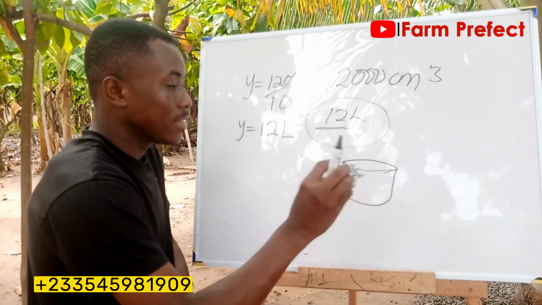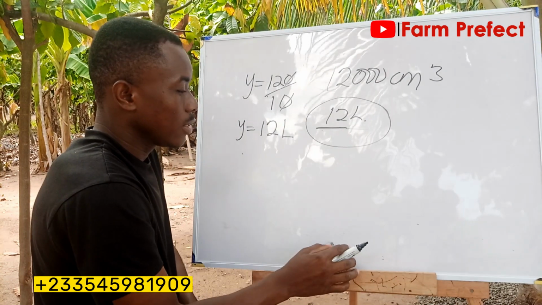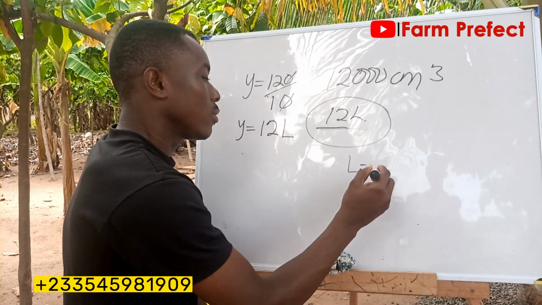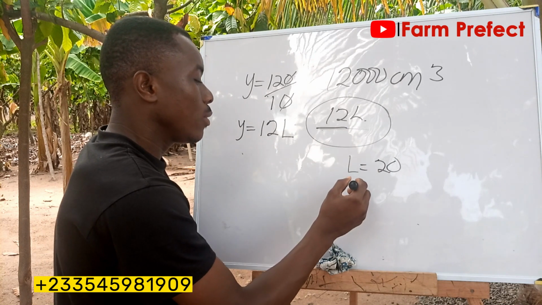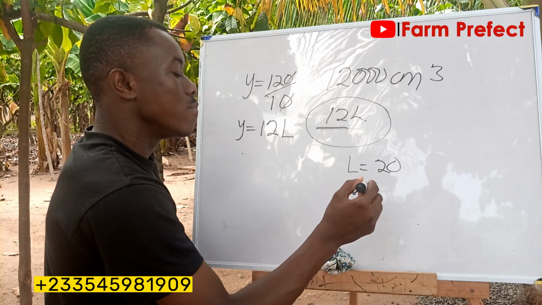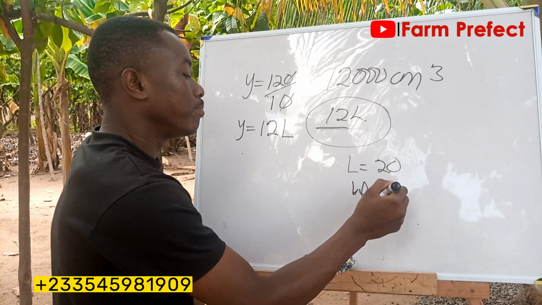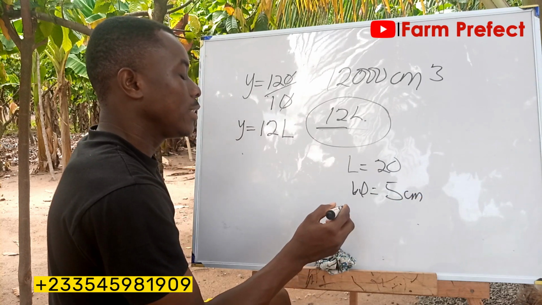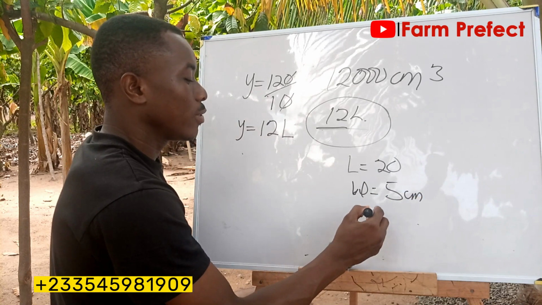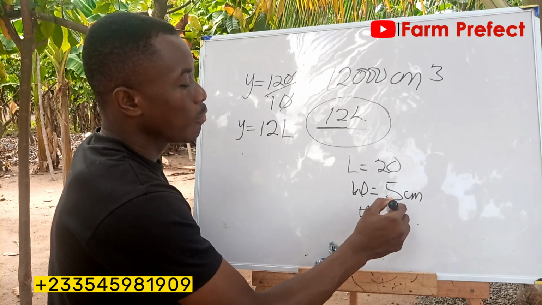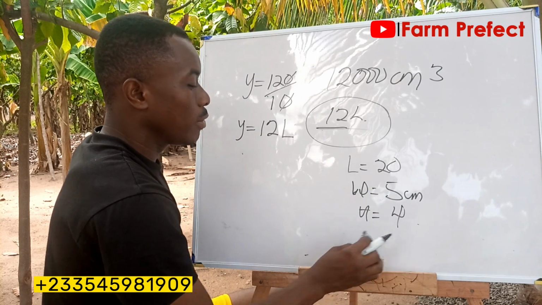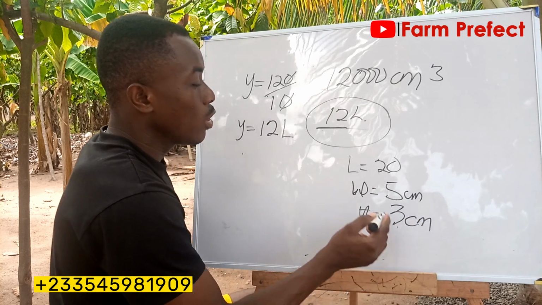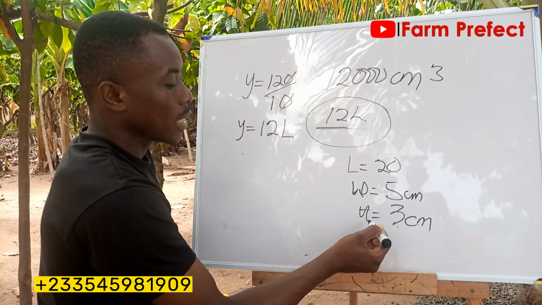I want to give you an assignment. Let's say that we have a pond of length 20, width of 5 cm, and height of 3 cm.